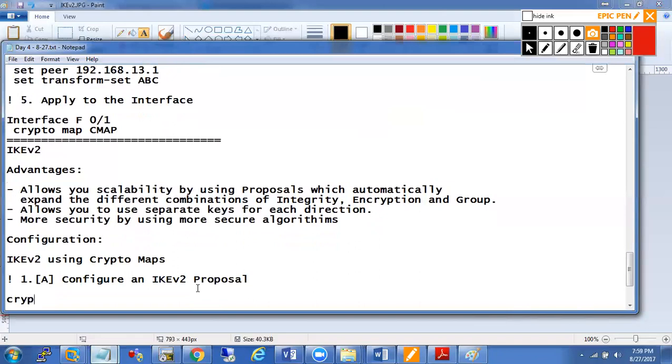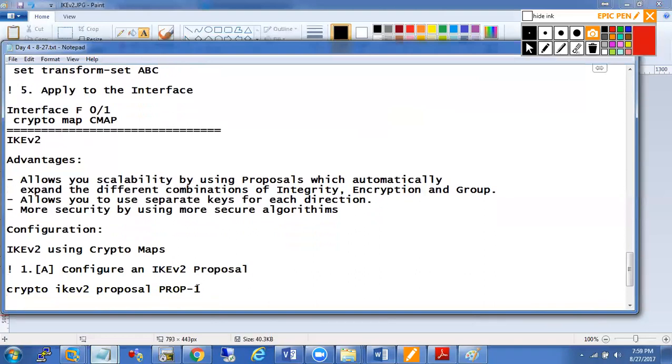The way I do that is crypto ikev2 proposal, and you give it a name, whatever you want to call it. Prop 1, for example. That's just a name. And I have 3 parameters over here: integrity, group, and encryption.